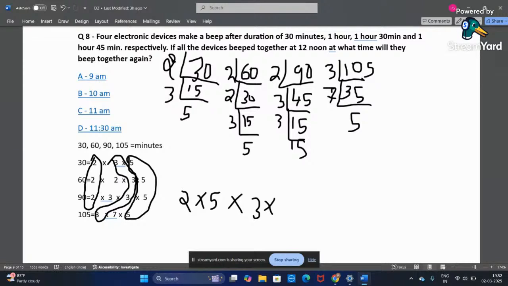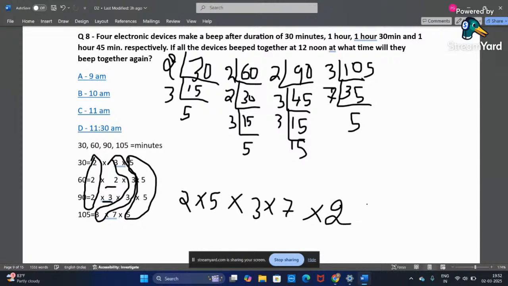Then what are the numbers left out? 7. And here 2 is left out, here 2 is left out, and here 3 is left out, right?